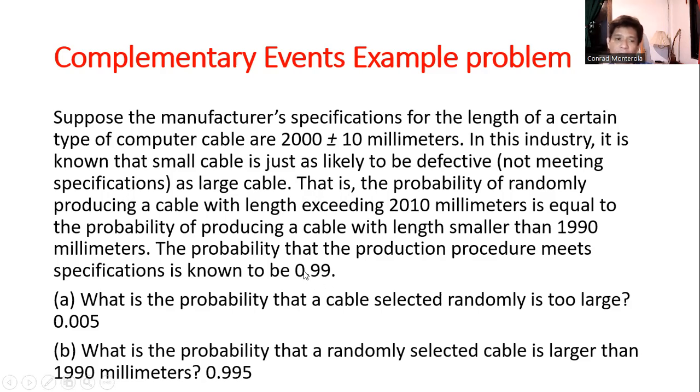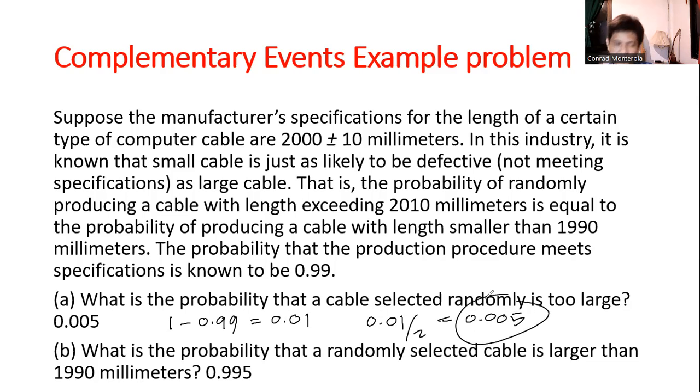So mahati yung sa dalawa, ano? Basically, yung 0.01, hatiin natin sa dalawa. So, 0.01 divided by 2 would be 0.005. Ano? Di ba? 1 minus 0.99. So, this would be equal to 0.01. Tapos yung 0.01 divided by 2 would be equal to 0.005.